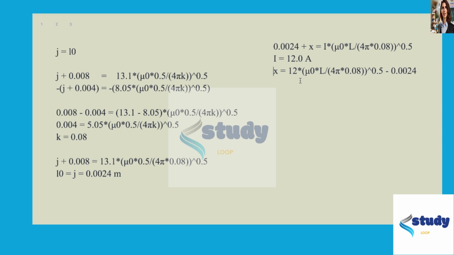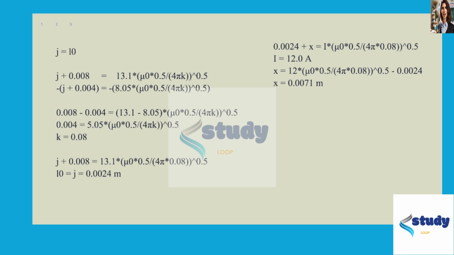And this gives us this whole expression for x. So again, I'm not going to actually plug this in, but you can just plug this directly into a calculator. Oh, we also know our L here. L is 0.5. So we have everything here that we need to solve for x, and we should get x equals 0.0071 meters, or 0.71 centimeters. So that's our answer for part B.